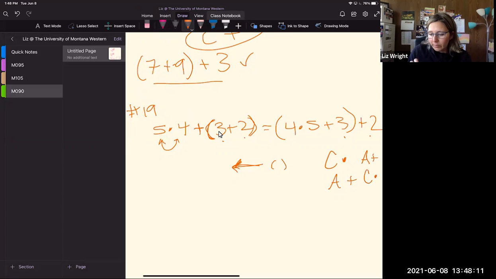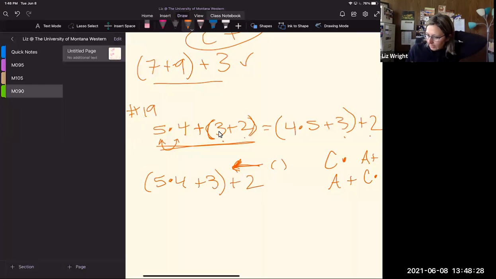So let's just try doing the parentheses first. I'm going to move the parentheses this way. And that means I've got now 5 times 4 plus 3 plus 2. And so again, that was the associative of addition property. And now let me try my commutative property.